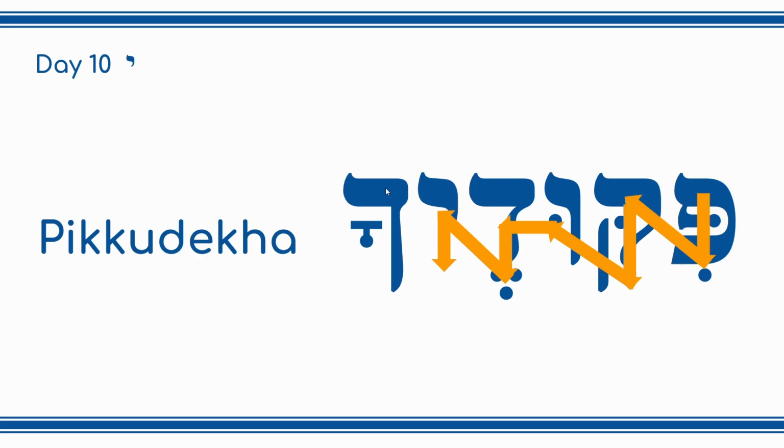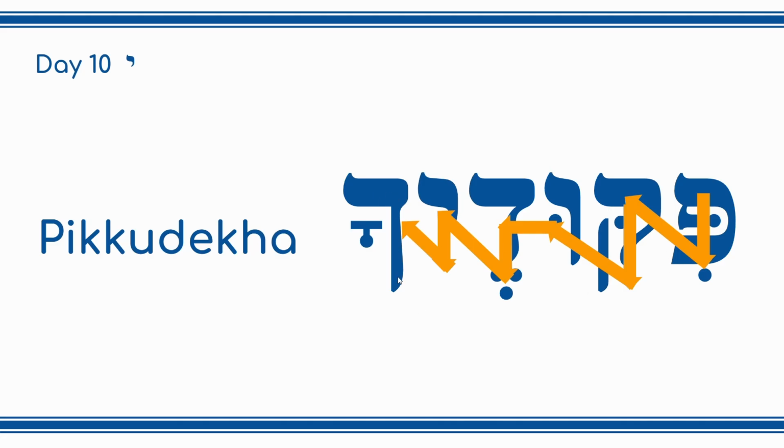And then we look over to the next consonant. This is a chaf. Remember we saw it earlier in the previous word, and it makes the kh sound. So Chaf has two forms. It can be written as a backward C, like we saw earlier, and that form shows up when it's at the beginning of the word or in the middle of the word.